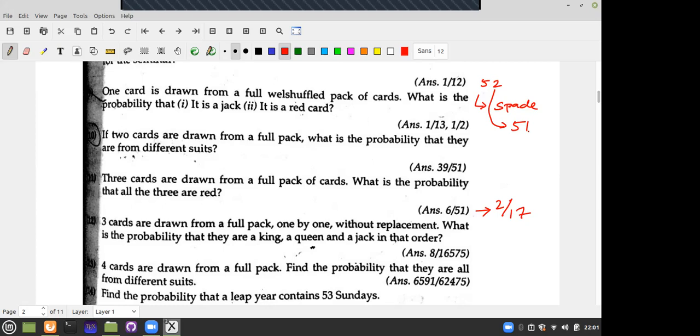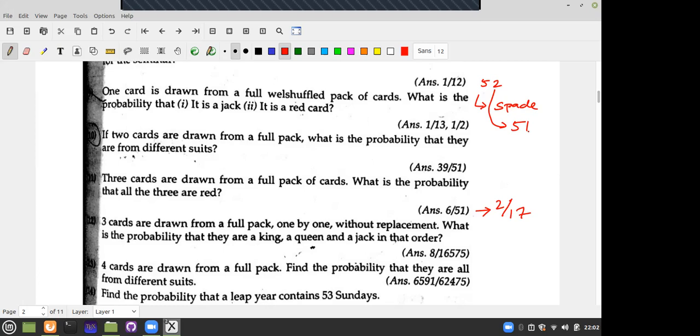Let me say I have taken the ace of hearts. So that card is done, and I cannot choose from the heart suit, right? So now how many cards are there from which I can choose? 39. 26 plus 13.